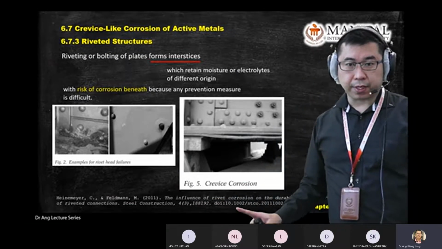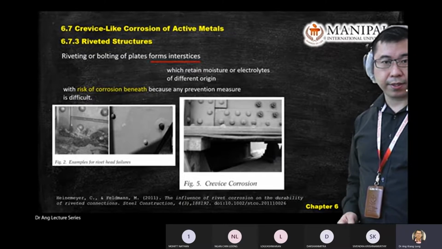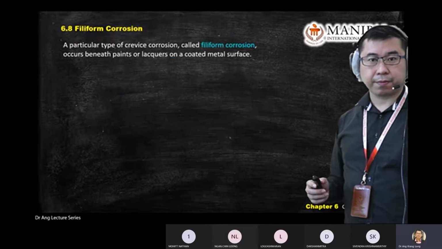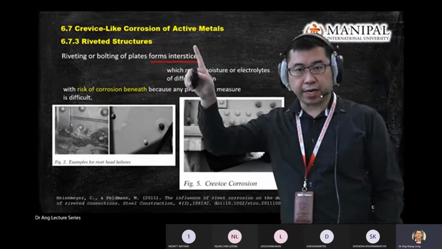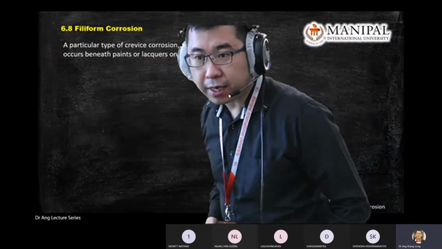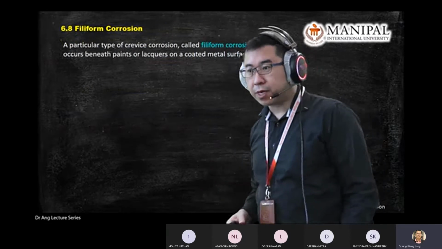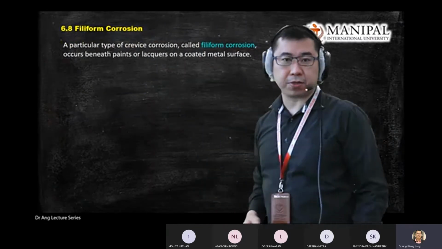And this is a DOI number. Okay, so we have introduced crevice-like corrosion in the active metals, and then we go for a few more slides, all right, then we conclude chapter 6.